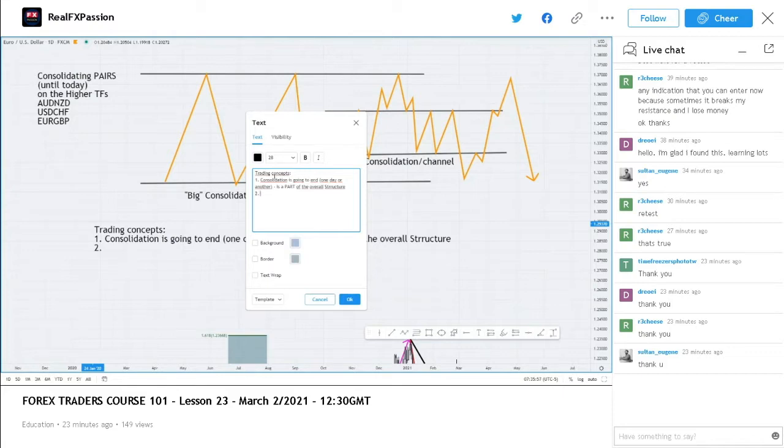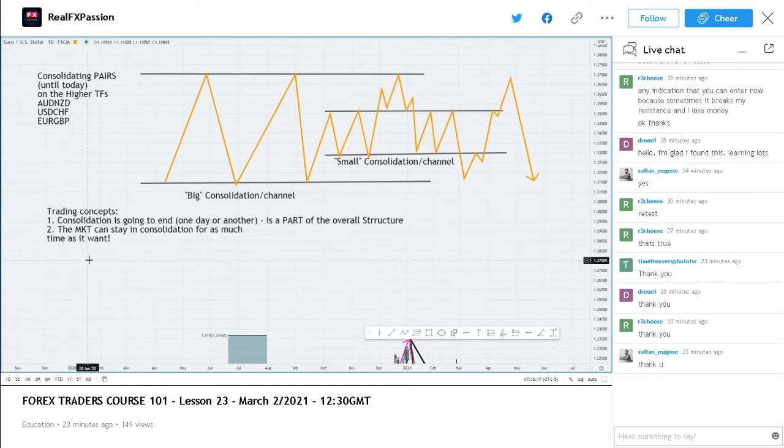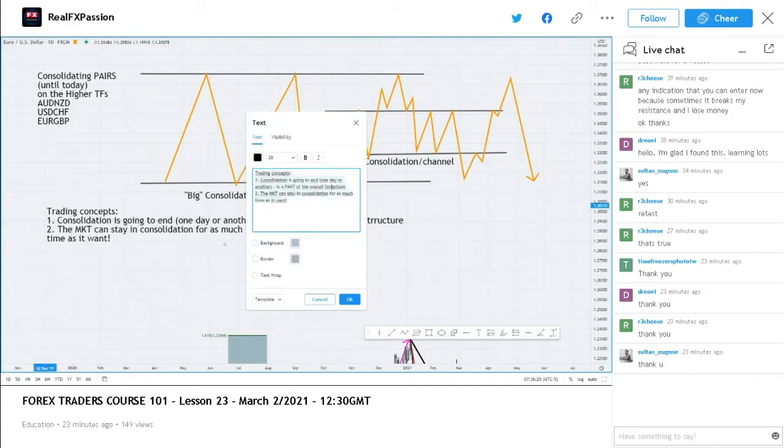And number two, the market can stay in consolidation for as much time as it wants. Those are the trading concepts. Consolidation is going to end one day or another, it is a part of the overall structure. The market can stay in consolidation for as much time as it wants, right?